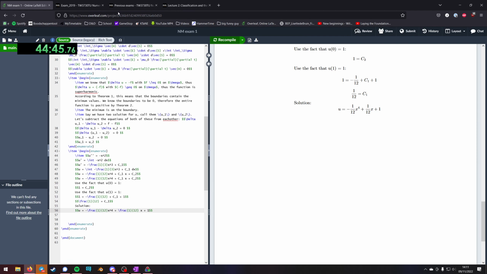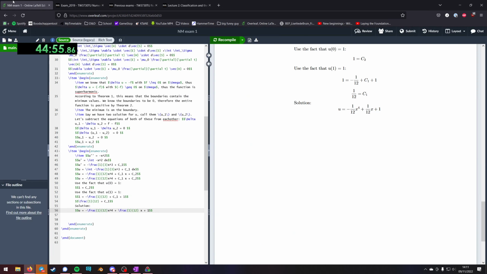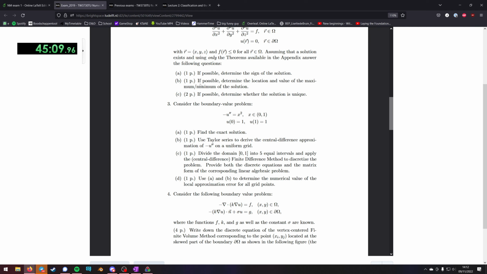This sure is a double differential equation, so just to check that differentiating it twice gives us x squared. Differentiate once, this term vanishes, this term is minus 1/12, this term becomes 1/3. Differentiate twice, this term vanishes, it becomes... I got the same. Yeah, it's correct.